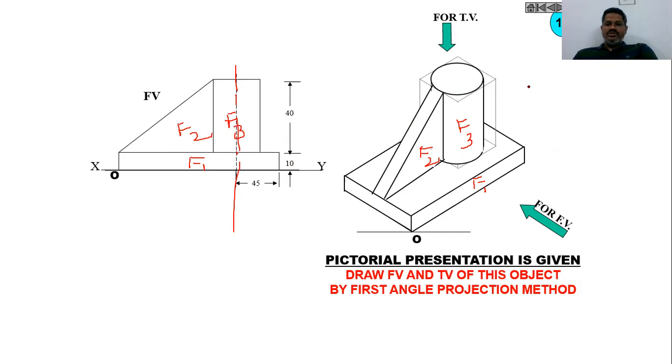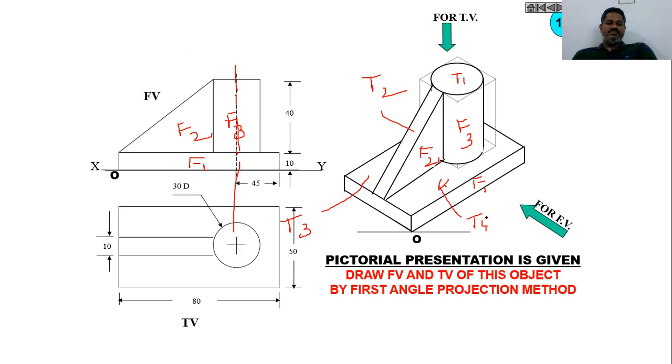Then when you see from the top, you will find this face T1, one circular face, and we have one rectangular face T2, and similarly you will find this face T3, and on the right side also you will find this face T4. So now let me show this.